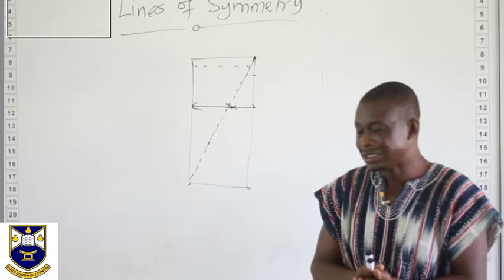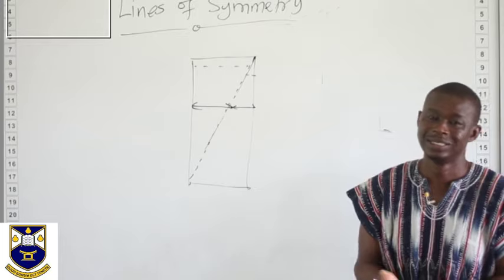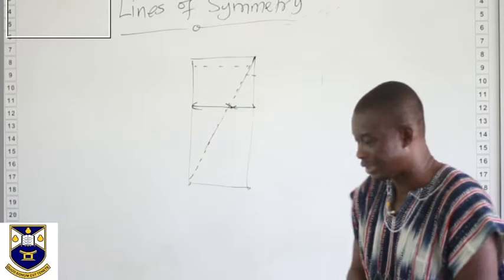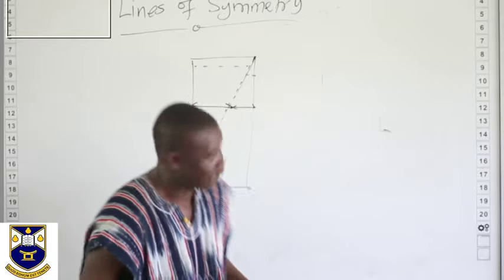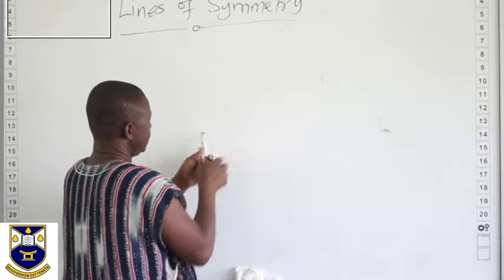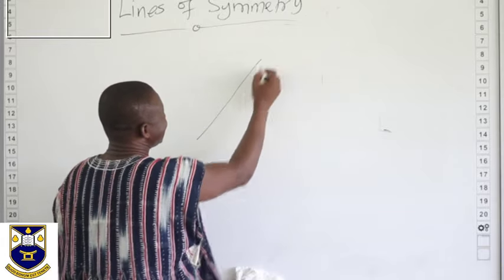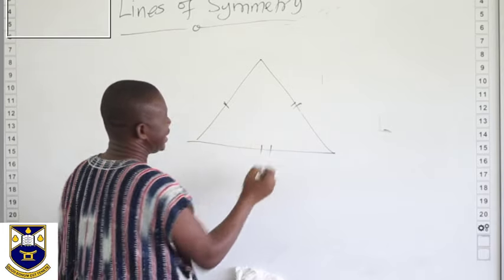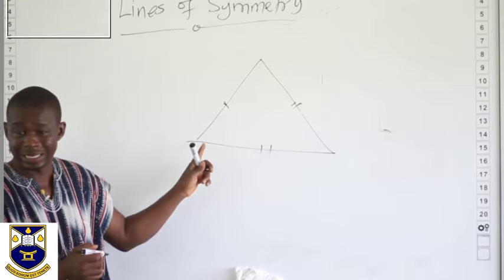So for such a triangle, it's likely we are going to have three lines of symmetry. If I draw an equilateral triangle here, this side and this side show that it is an equilateral triangle.